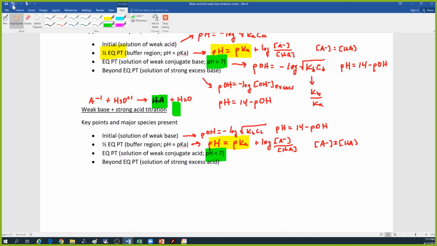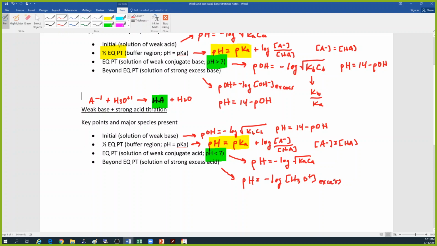We just take our shortcut, our equilibrium problem reduced to the negative log of radical Ka times C, just like we did at the first point in the last problem, because again, we're doing the same thing. We're just finding the pH of a weak acid solution. And finally, when we go beyond the equivalence point, all we have to do is take the negative log of the excess strong acid that we put in.